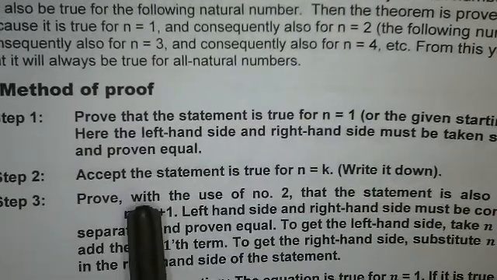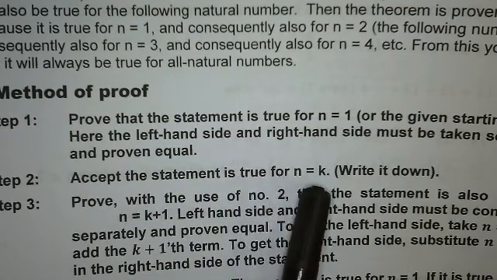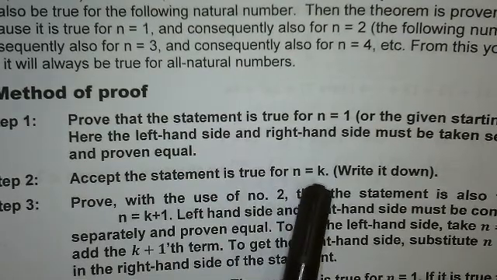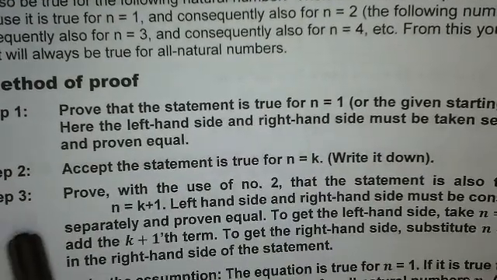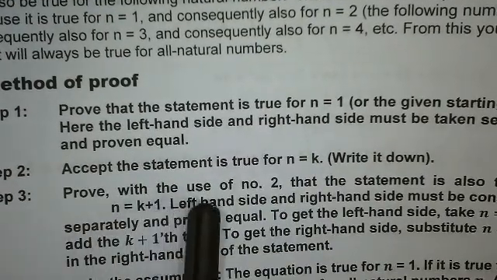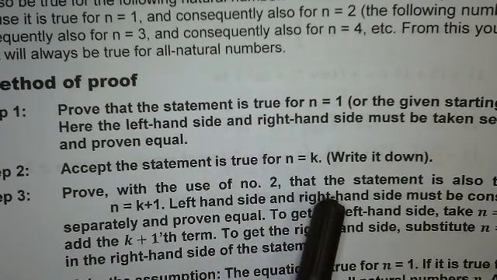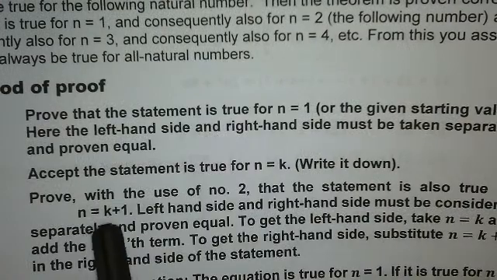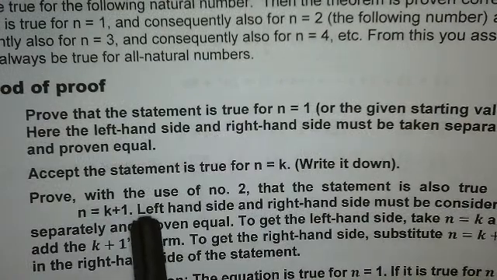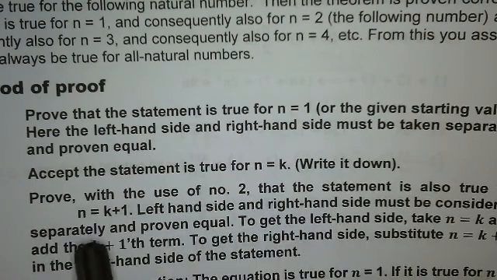Second step, accept the statement is true for n equals k. You write it down because you get a mark for that. Thirdly, you use number 2, that is n equals k, to prove that the statement is also true for n equals k plus 1. So the left hand side and the right hand side must be considered separately.